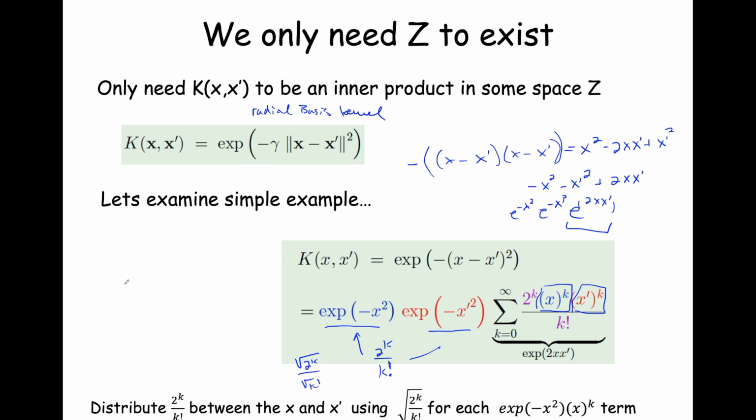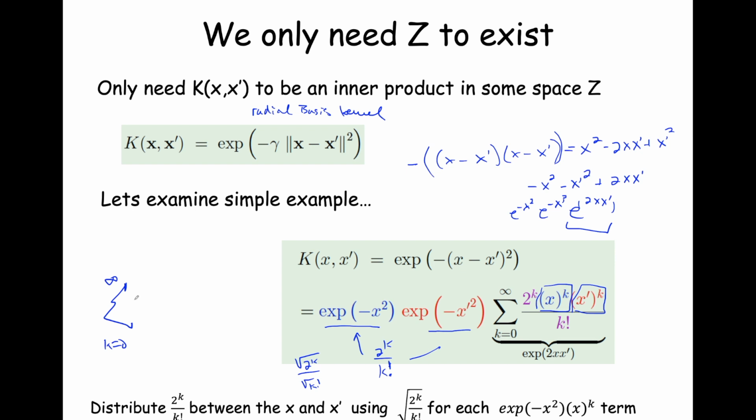We get the sum, k goes from 0 to infinity. It's important to remember that these leading e to the minus x squared, e to the minus x prime squared, are constants underneath the summation. So I'm just going to put them back in so I can group them together and show you.